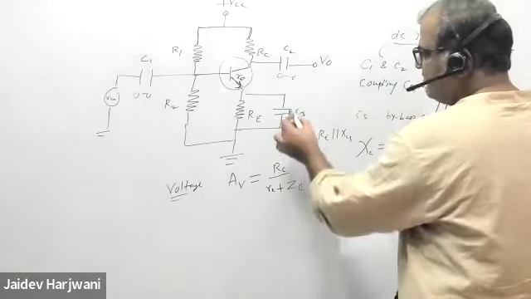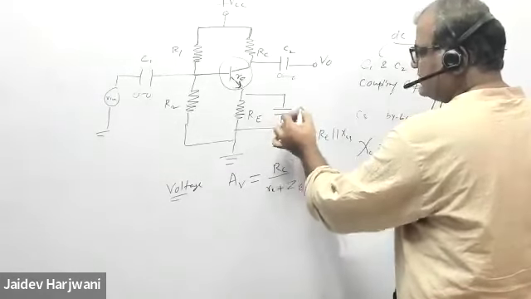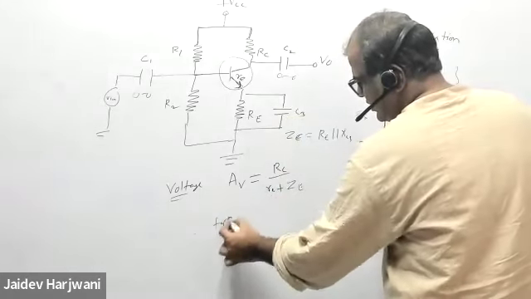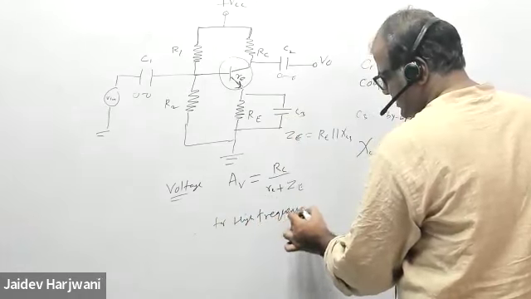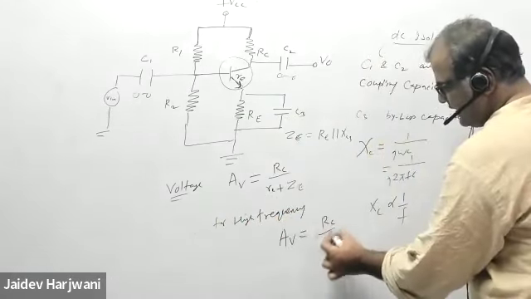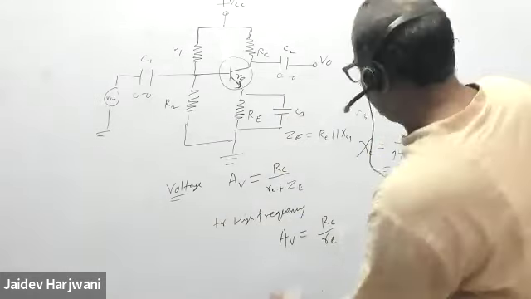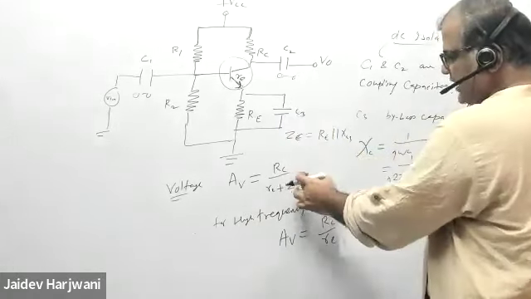Now, if it is a high frequency, this becomes 0. For high frequency, my gain will become what? RC by RE, because now this part becomes short if it is very high frequency. So I can put ZE as 0.